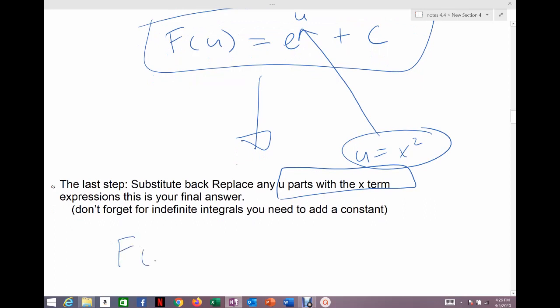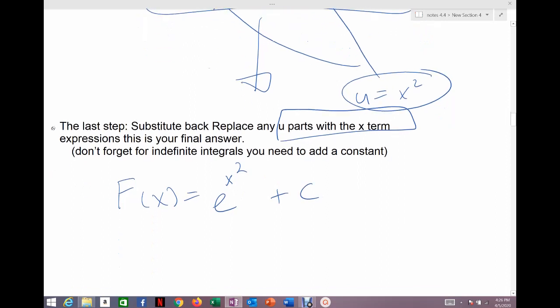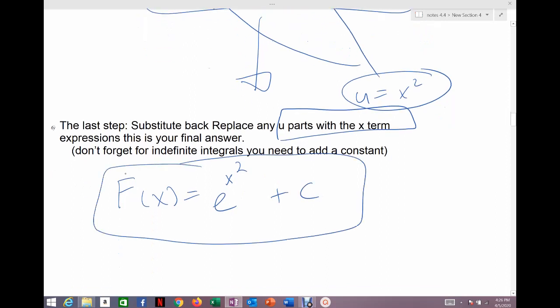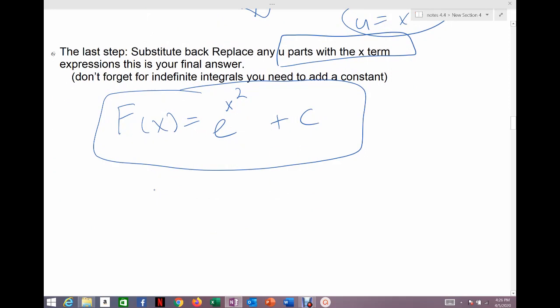And so now my general antiderivative instead of u is x, where I replace the u with the x squared function plus c, and there is my rule.